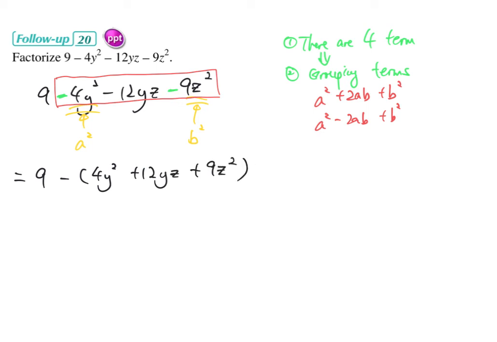Once again, you see here it is a 2y squared term, and here it is a 3z squared term, and we try to test it. 2y and 3z, we combine them: 2 times 2y times 3z. 2 times 2 is 4, 4 times 3 is 12, and we put it positive, so that is what we want.